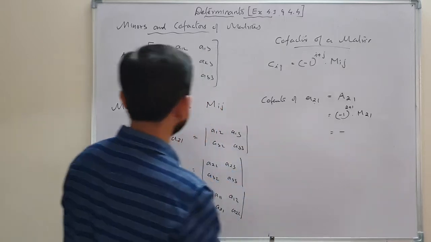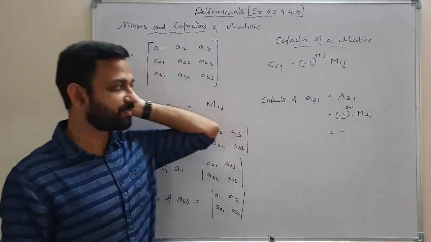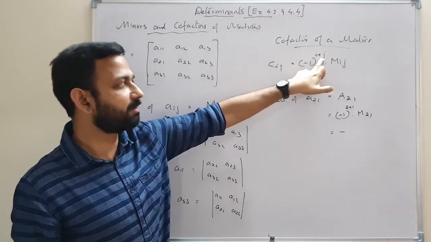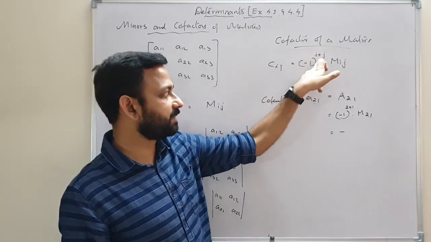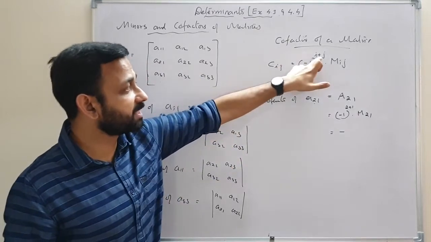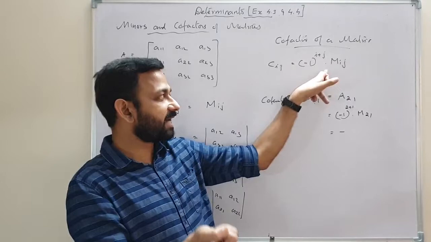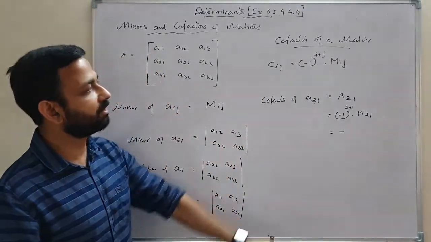Then M21 we can find from the corresponding matrix. If i plus j is an even number, minor and cofactor will be the same. But if i plus j is an odd number, the cofactor will be the negative of the minor. That is the difference between minor and cofactor.